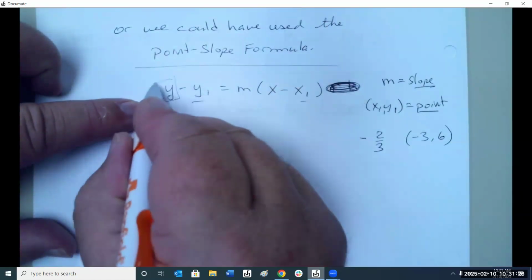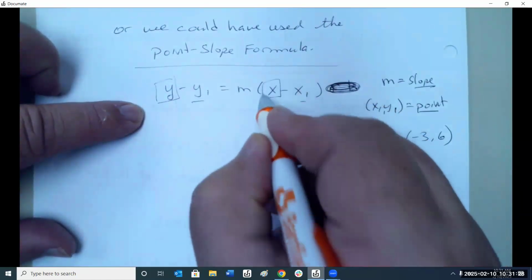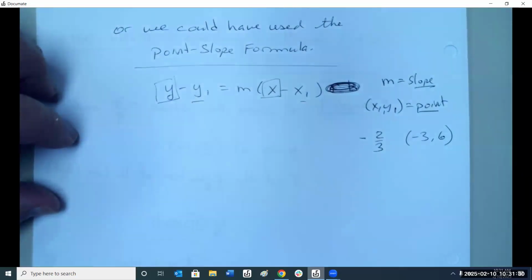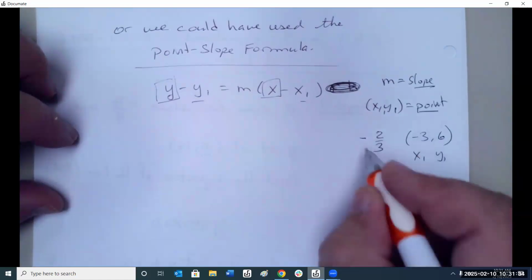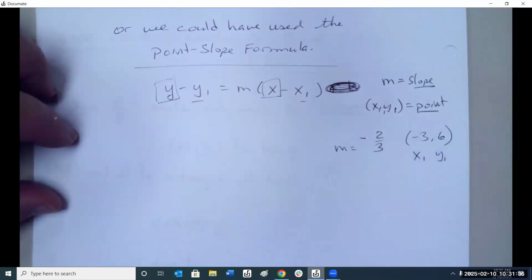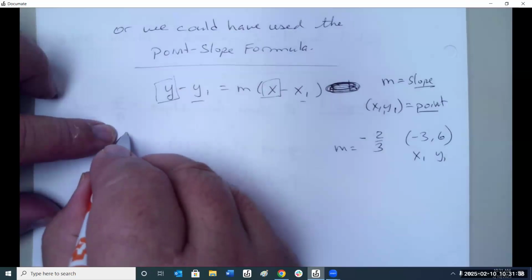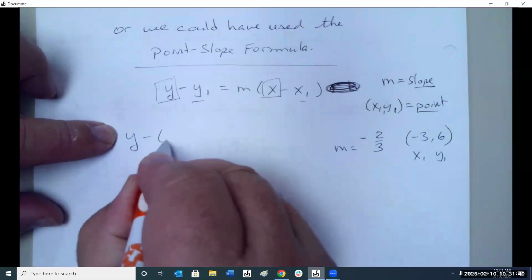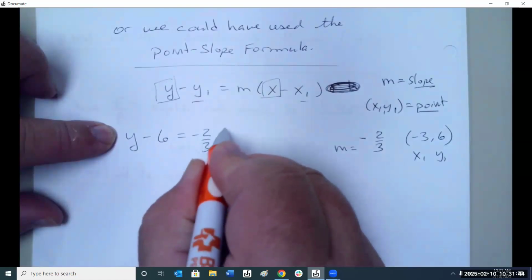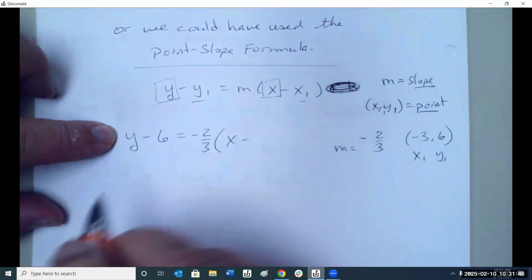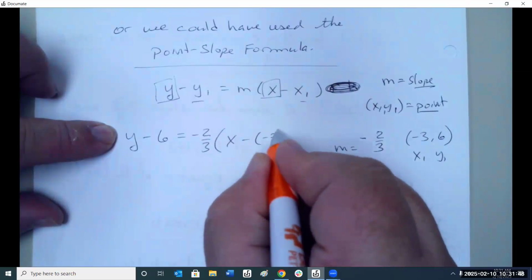Remember, y and x, you don't touch. All you do is change m, x1, and y1. So y minus 6 equals -2/3, x minus -3.